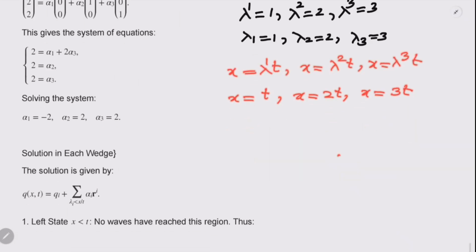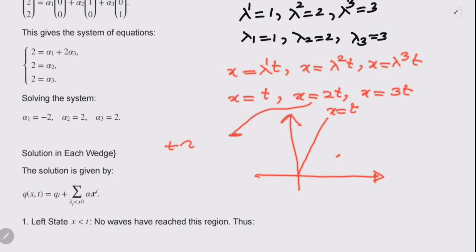Okay. Now we draw these characteristics. The first characteristic will be x equal to t. The second characteristic will be t equal to x by 2, since your y-axis is t and your x-axis is x. So this will be x equal to 2t. And then we have a third characteristic, x equal to 3t.